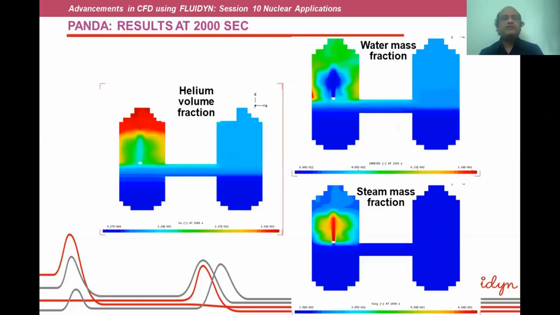The physical processes are similar. Here, the helium is injected on the left in the left vessel, and as you can see, since the helium is light, it goes up and gets stratified at the top.